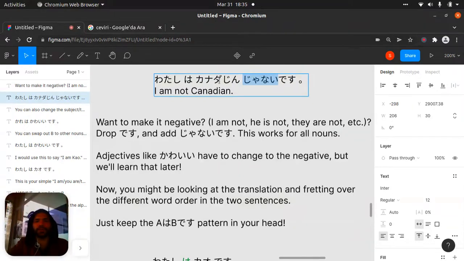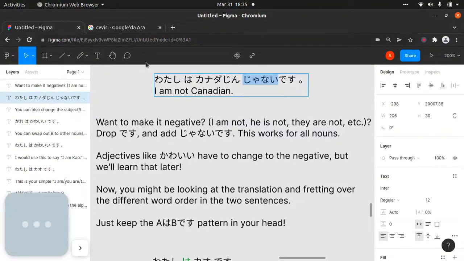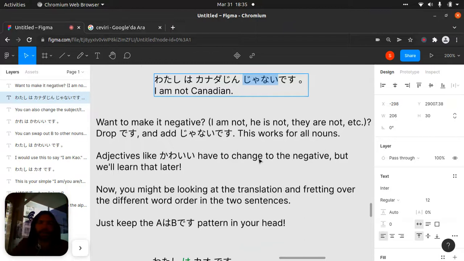It's watashi wa Canadian ja nai desu, ja nai desu. Like so, okay. It will make it negative, I think.